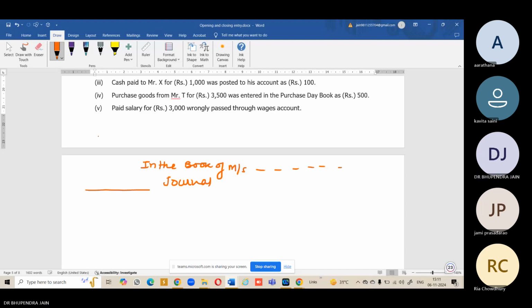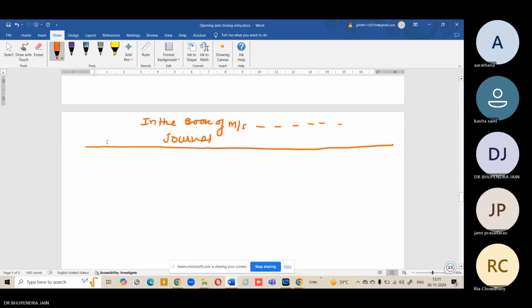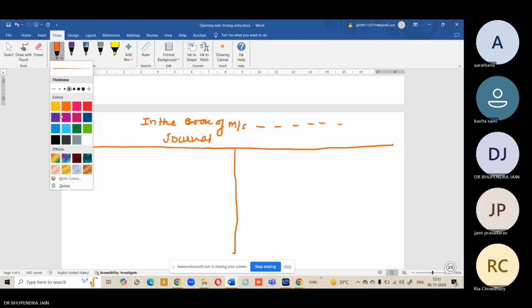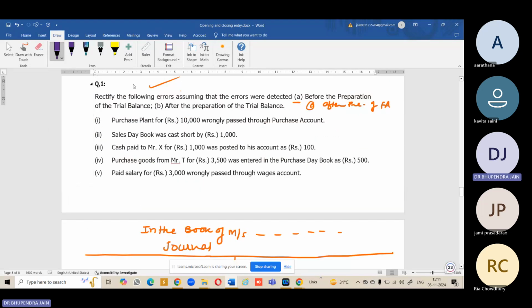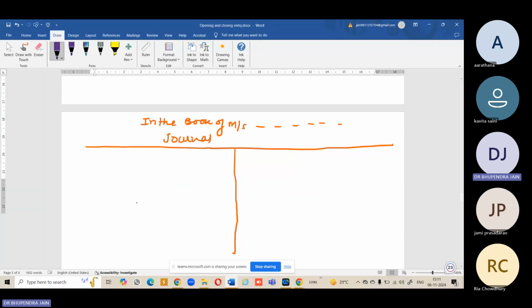Now we are going to prepare the journal. I am just solving, or passing the entry using both situations, before preparation of the trial balance and after preparation of the trial balance.